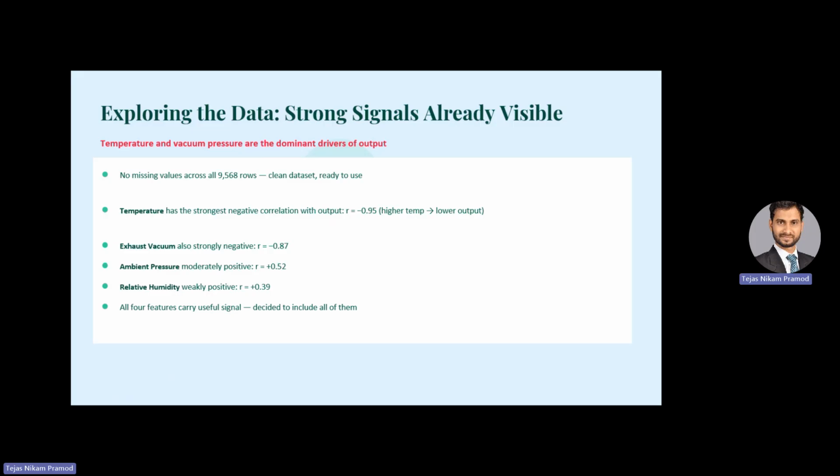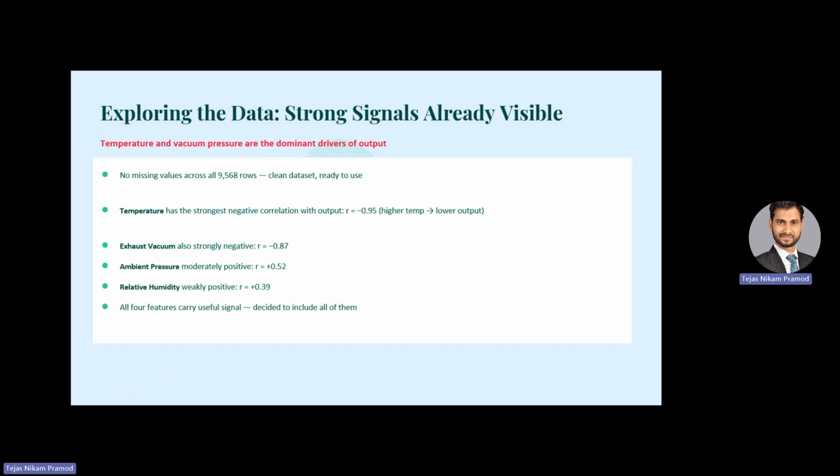Out of the four variables, temperature has the strongest negative correlation, which basically means the higher the temperature, the lower the output. Basically, the hotter it is outside, the less electricity the plant produces, which makes sense because gas turbines are less efficient in hot air. That's something that I read online.